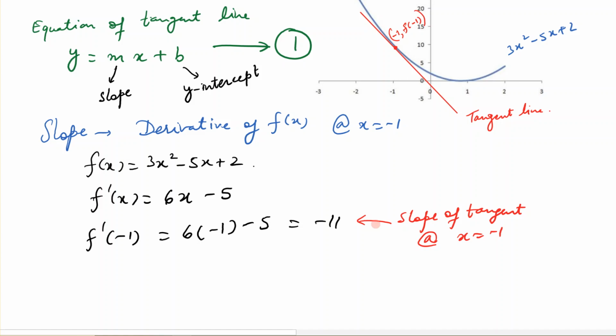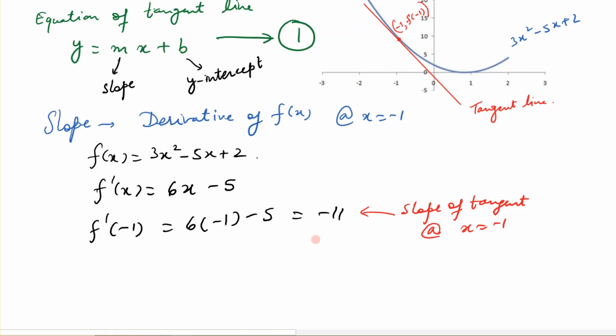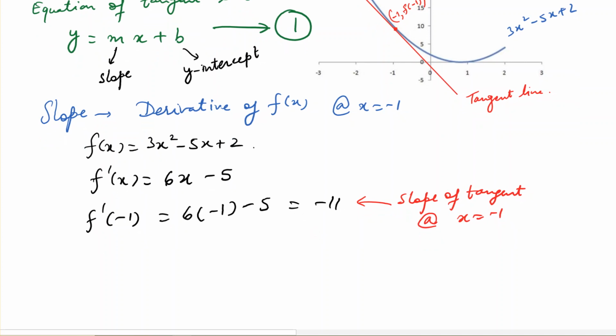So the tangent line becomes y equals -11x plus b. Now our only goal is to find b.